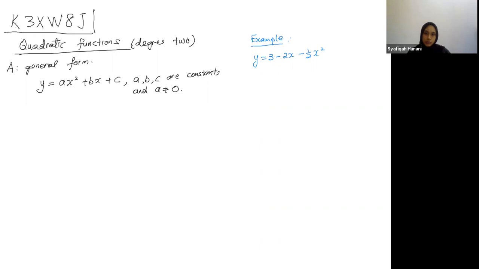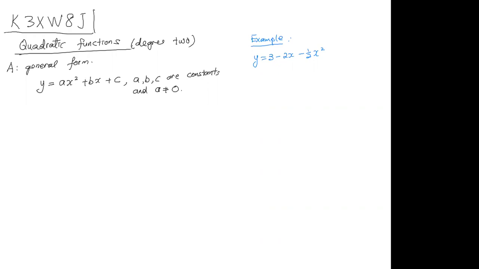Negative 1/2. Yes, so we remember, when we say a here, we are referring to the coefficient of x squared. So this is your a. It doesn't matter where is the position. So this is your a.